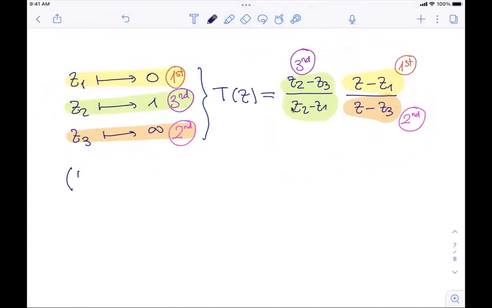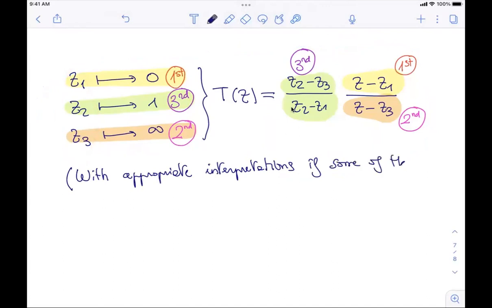Here, just a warning with appropriate interpretations. If one of the Zj is infinity, for some j, in that case we need to adapt a little bit the formula.